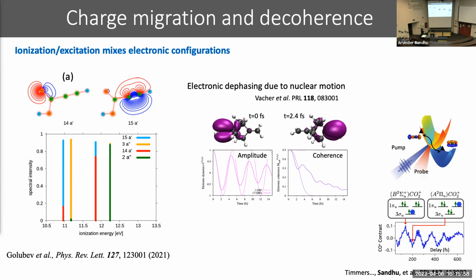So if you have 12 eV energy or 100 eV energy, when you look at what you have created, you will find that there is some amplitude for creating a hole in the A prime orbital, and some amplitude for creating a hole in the 15A prime orbital. So these two configurations are mixed together. Same over here. There is a mixture of those two different types of configurations.